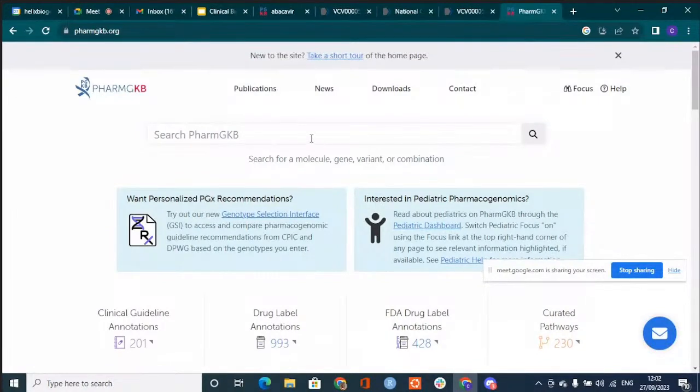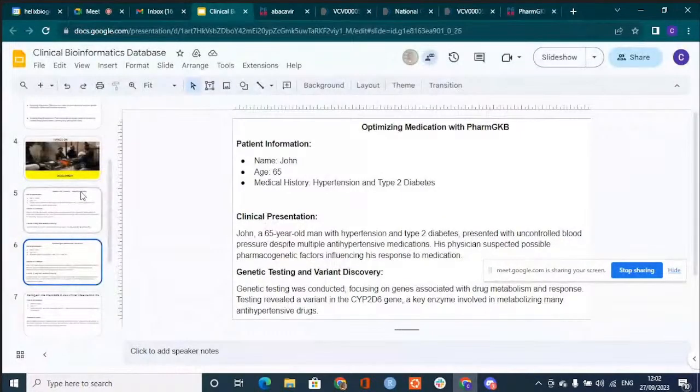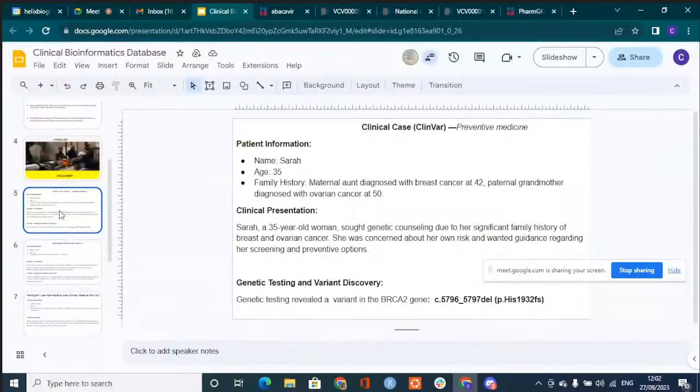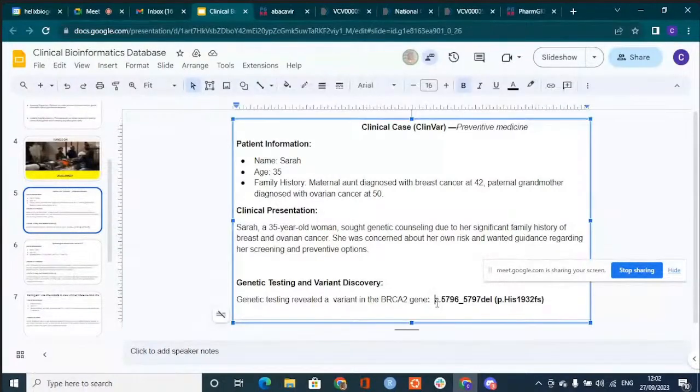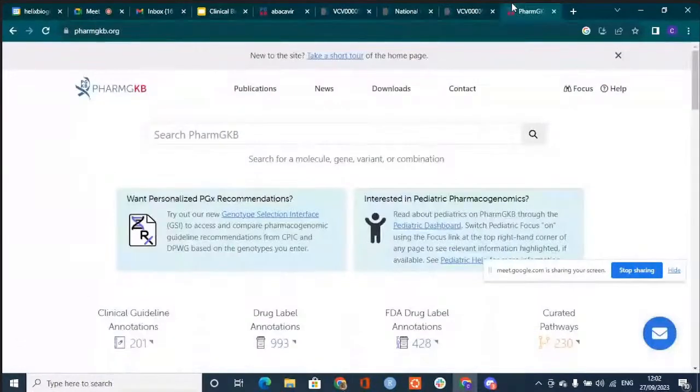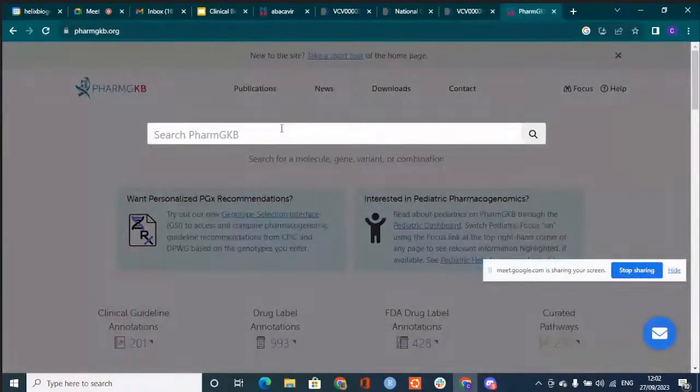You can also insert a variant ID, but again, this is a work in progress. Let me try to insert this. It's not going to show some information. If I insert this variant ID from Sarah, sometimes it's not going to bring out information because this is a work in progress.